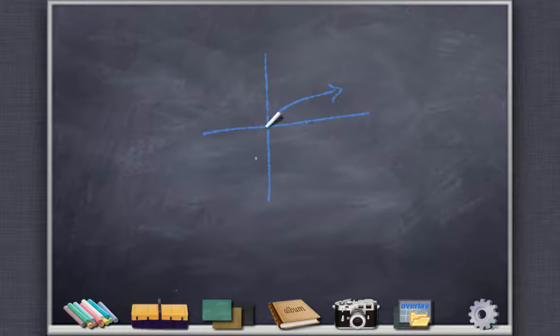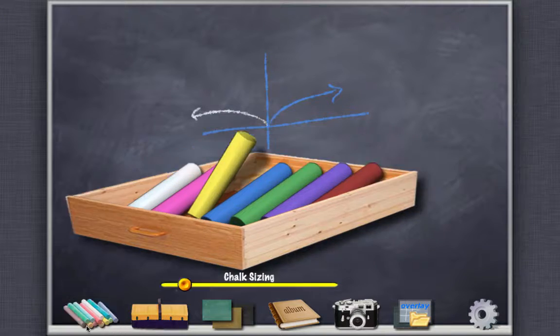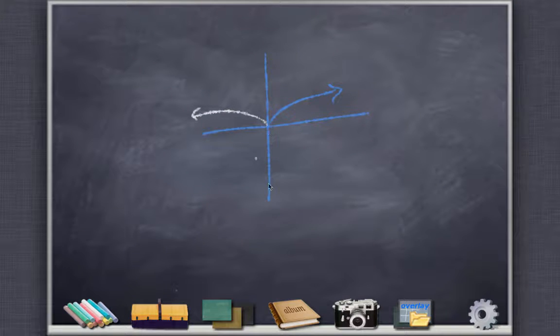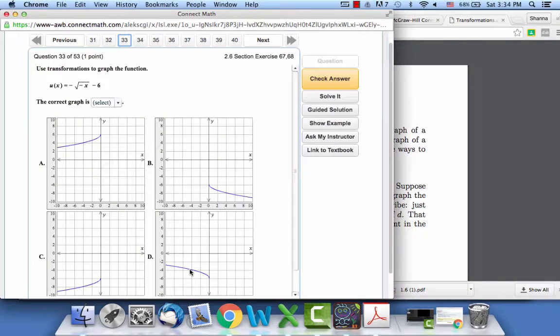So we reflect it, and then we go down 6. So reflect, down 6. And we should end up with something like the yellow one there. So here, D.